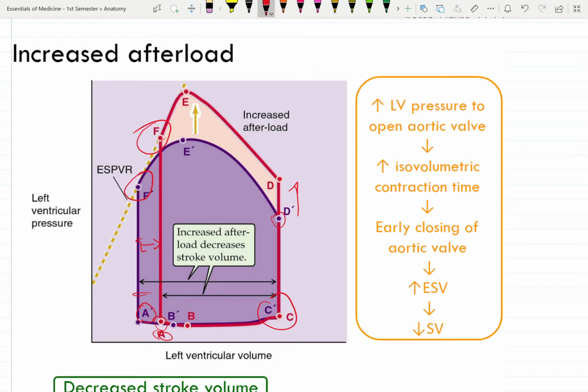And so when there's an increase in end systolic volume, that means that there's going to be a decrease in stroke volume.